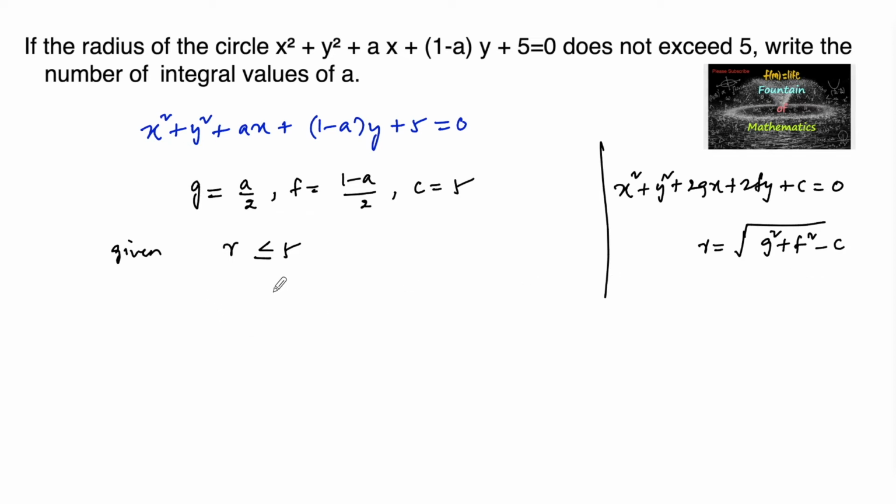So we have the radius r is less than or equals to 5, or r square is less than or equals to 25. So we can write r square is nothing but g square plus f square minus c.